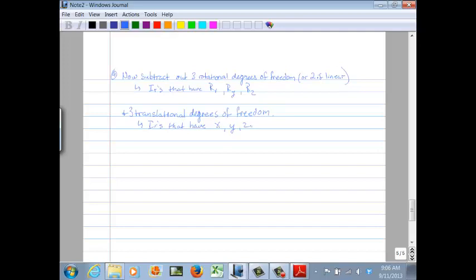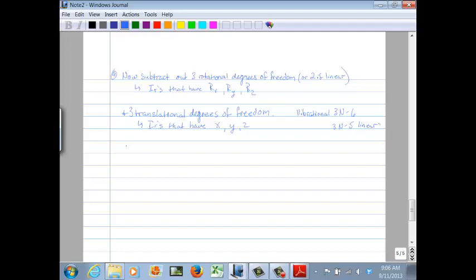So this will give us our vibrational modes. And you should probably be familiar with this. The vibrational modes are 3n minus 6 for a regular molecule and 3n minus 5 for linear.